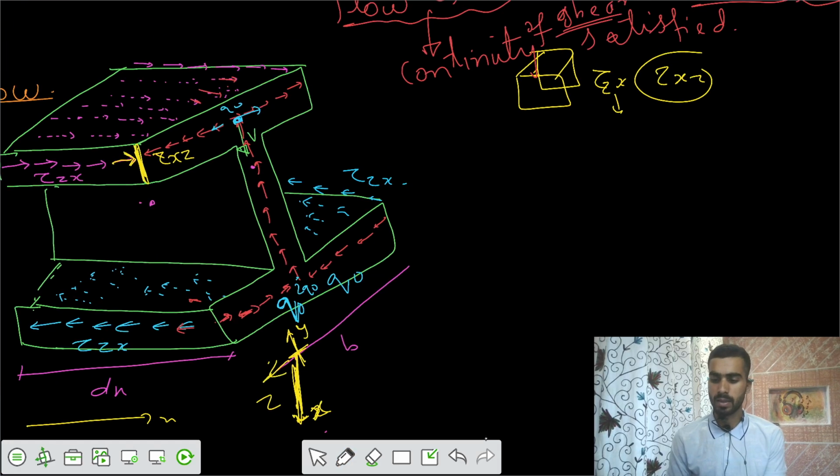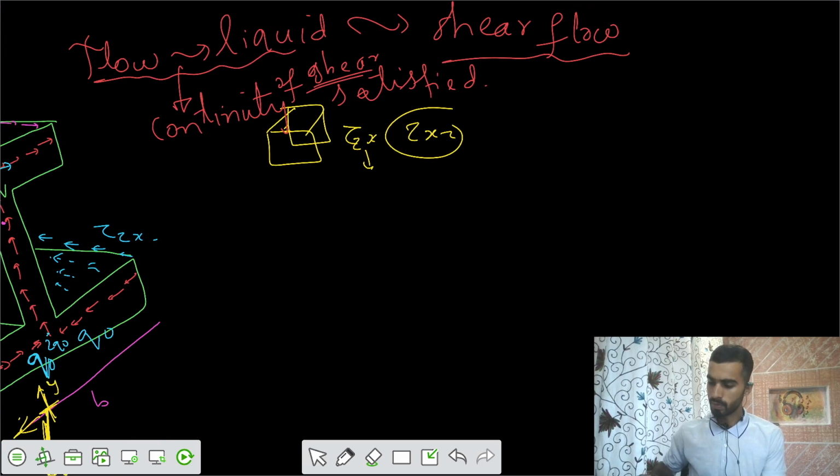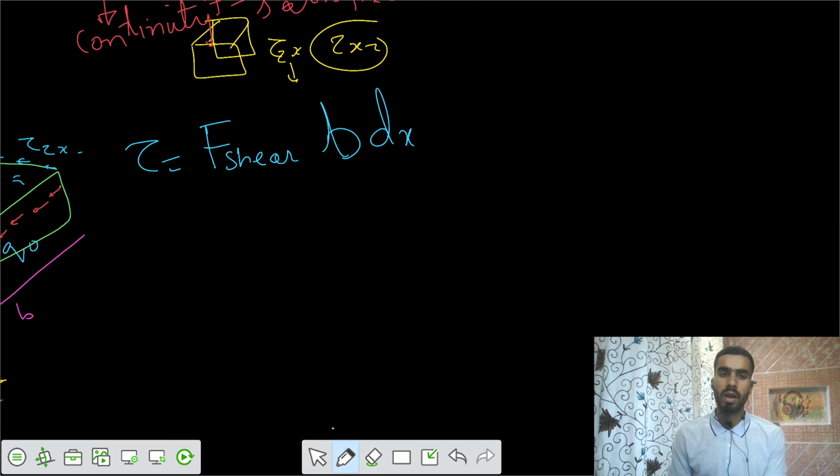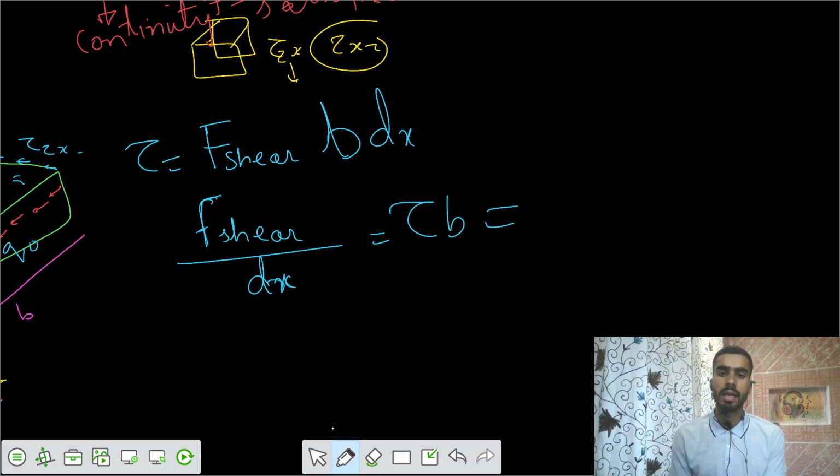So for shear flow, we have the shear stress equal to some balancing horizontal shear, into thickness, into a small differential element dx. If you talk about the shear force along the longitudinal direction, per unit length dx, that we call tau b, and that's what we call shear flow.